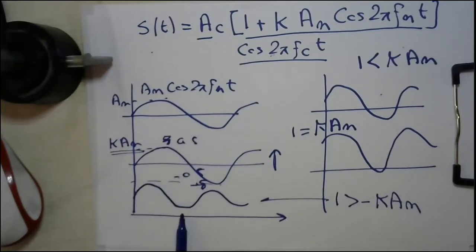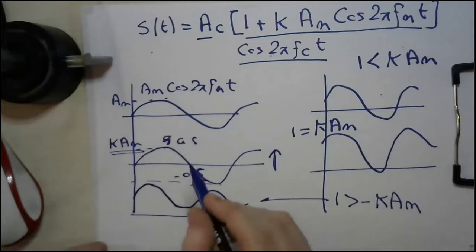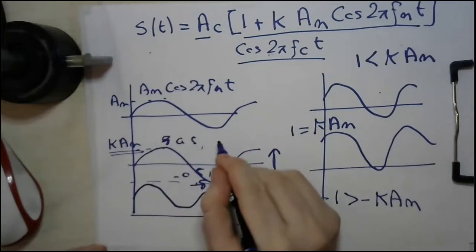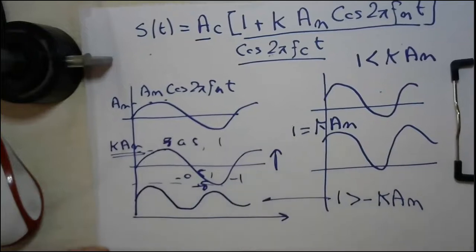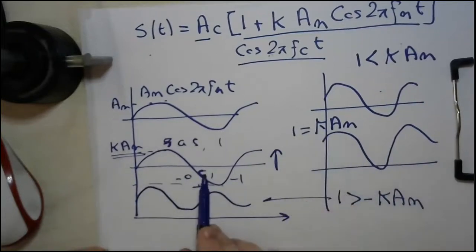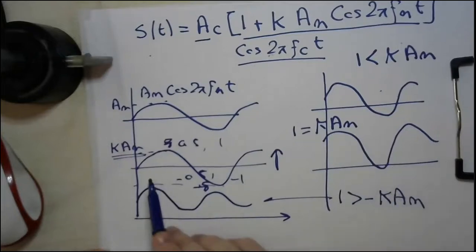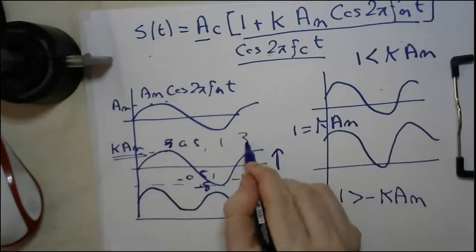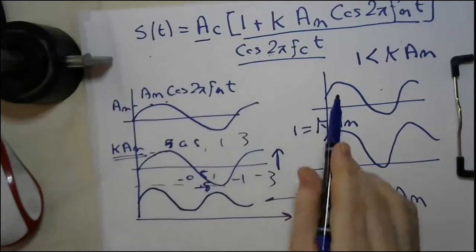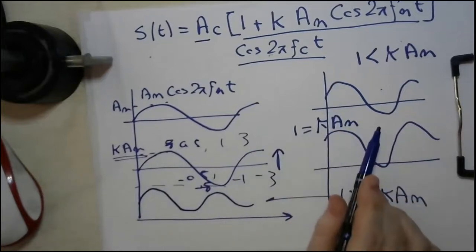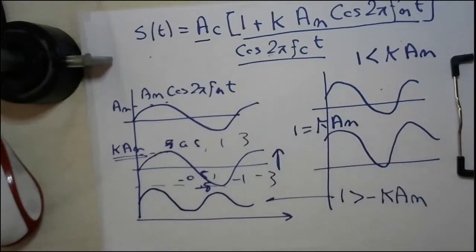1 plus 0.5 is 1.5, and 1 minus 0.5 is 0.5. But if it is 1 and negative 1, then 1 plus 1 will turn to be 2, and 1 minus 1 will turn to be 0. If it is 3 and negative 3, then it will become 4 and negative 2. So the amount of shift depends on the new value kA_m.